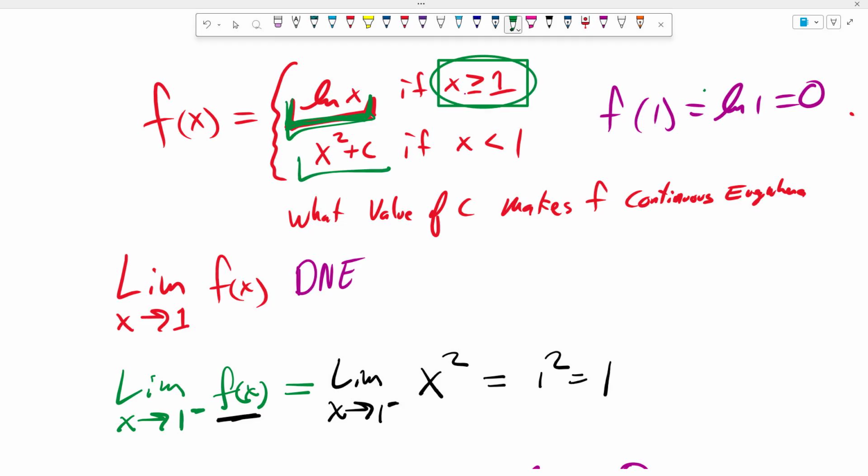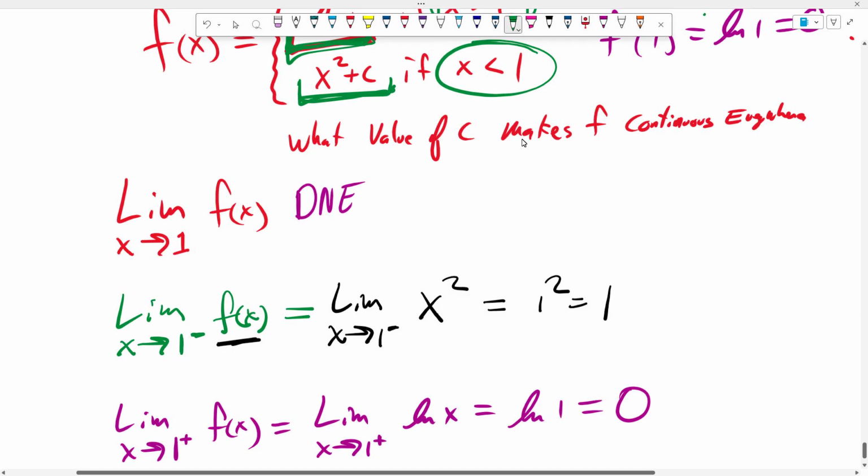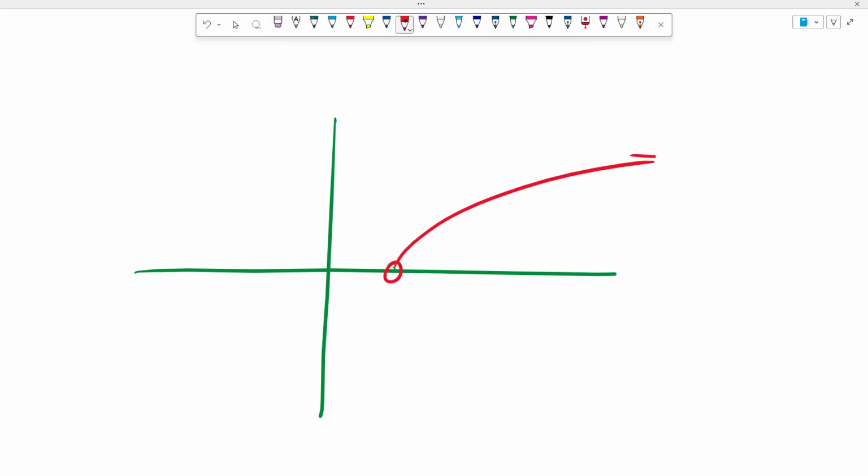So the only question is, at 1, we've got to make it continuous. This is natural log. And then this is just x squared. So we just have to shift it up or down.